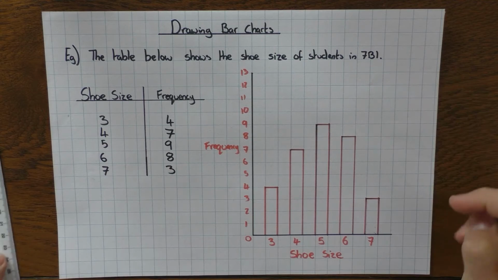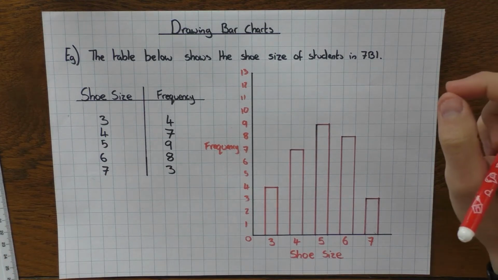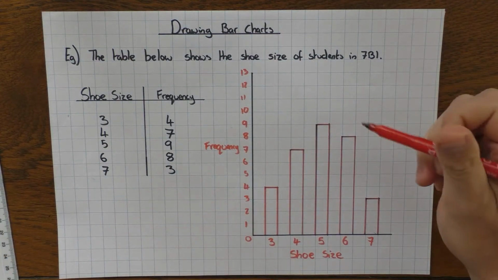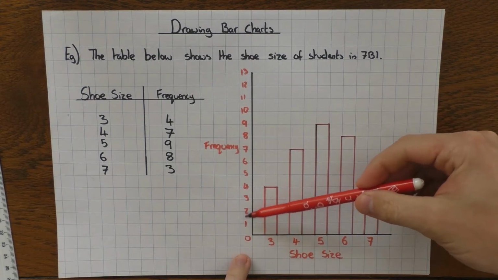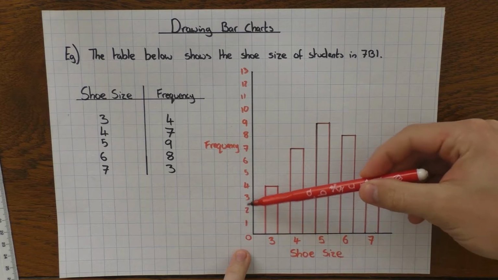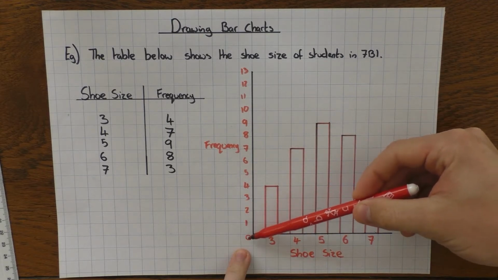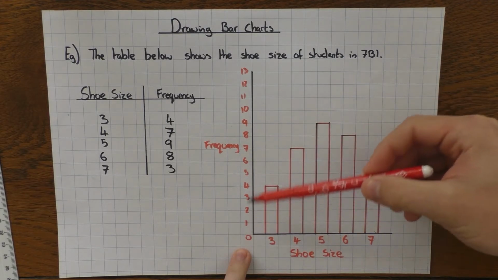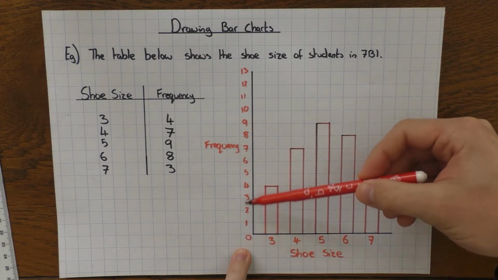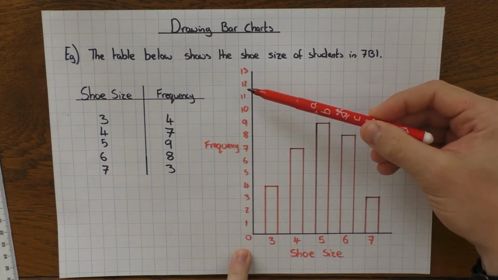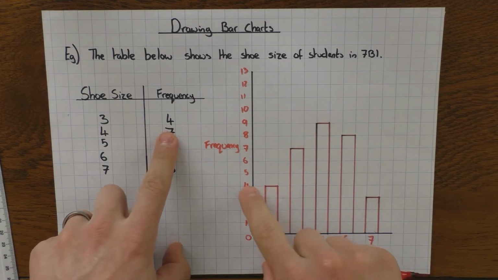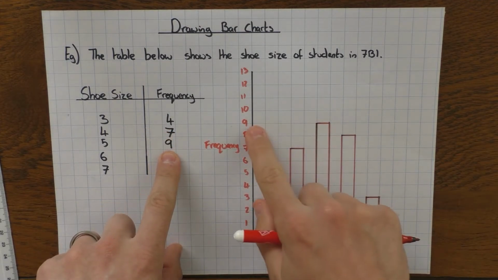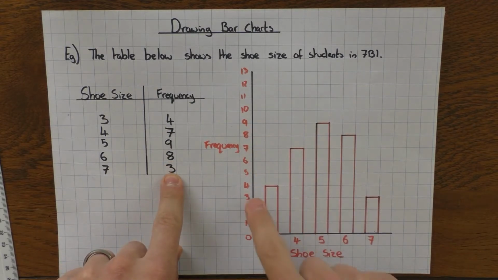Okay, so a couple of things then, just to recap. Mistakes that are commonly made: not labeling the axes. Numbers going up the Y-axis are not even and consistent, so you know each square is worth 1 or each square is worth 2 and so forth. Sometimes they repeat numbers, so definitely look out for that. The bars, make sure that they are the right height. So shoe size 3 is 4, yes, 7, yes, 9, yes, 8, yes, and 3.